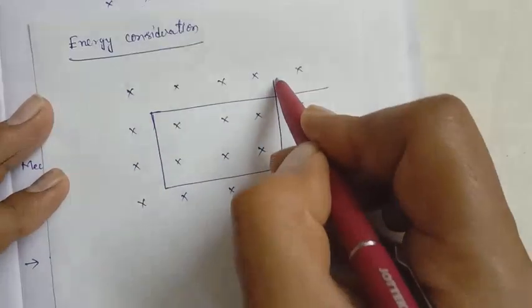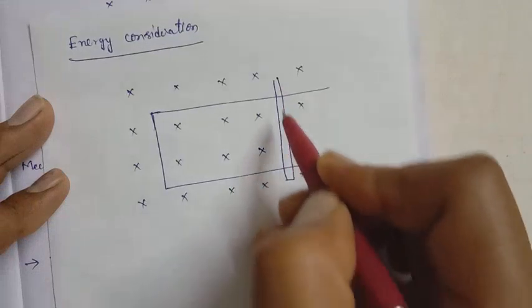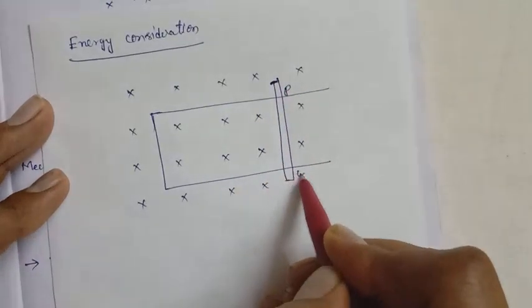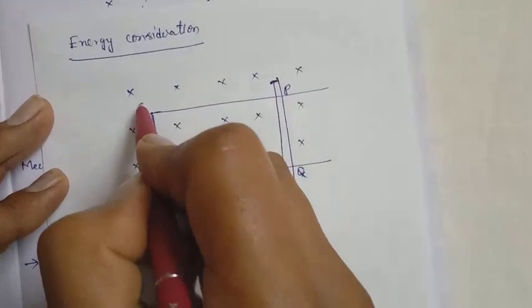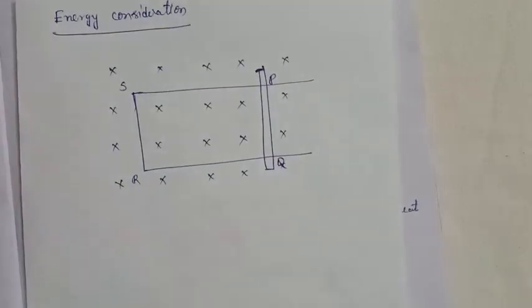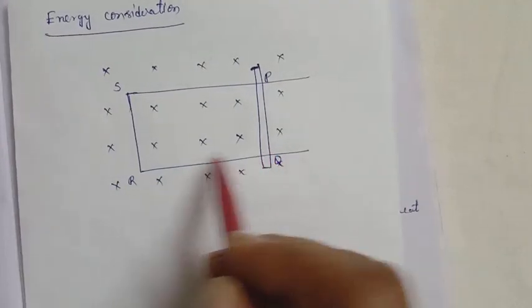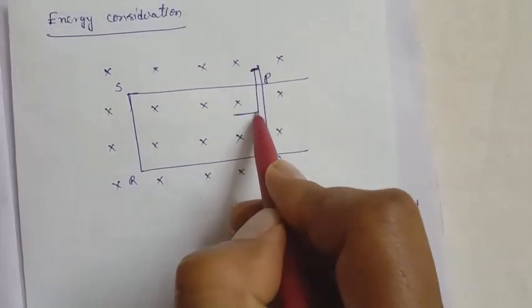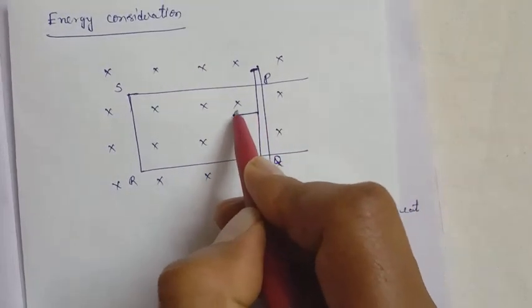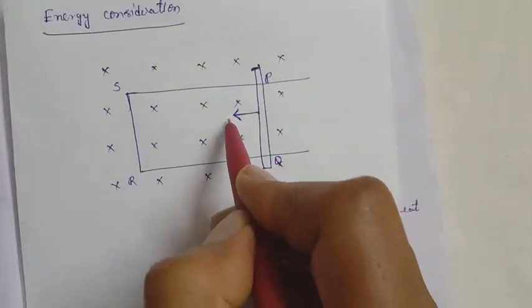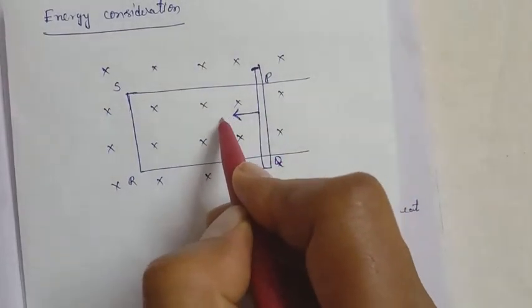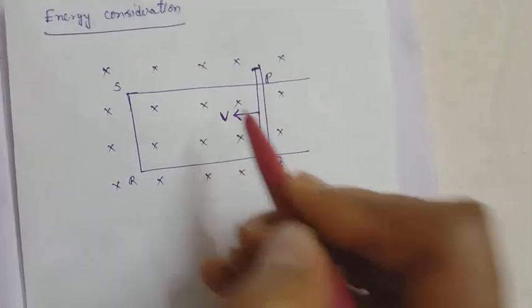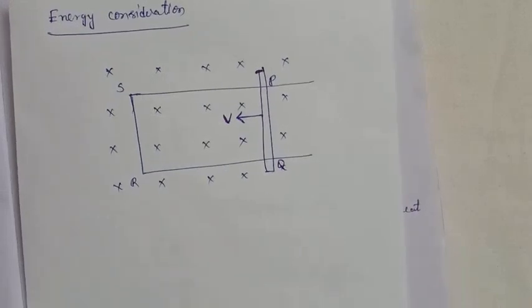In this, the rod PQRS is free to move. Is the rod moving by itself? No, it is moving by applying some force. So it is moving with constant velocity v by applying your force.